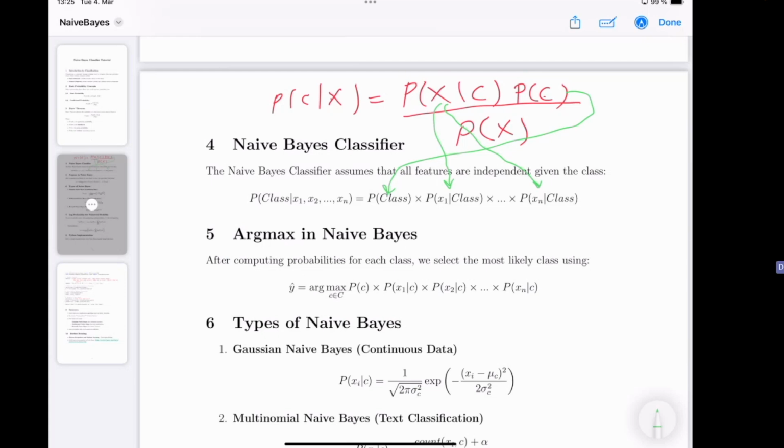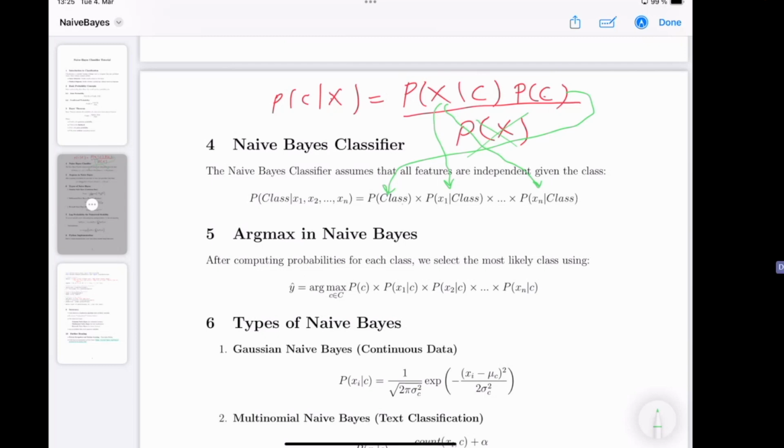You can put any number here, and it doesn't matter as long as this number is in the denominator of all our classes. So we don't need this here, and we have these components.